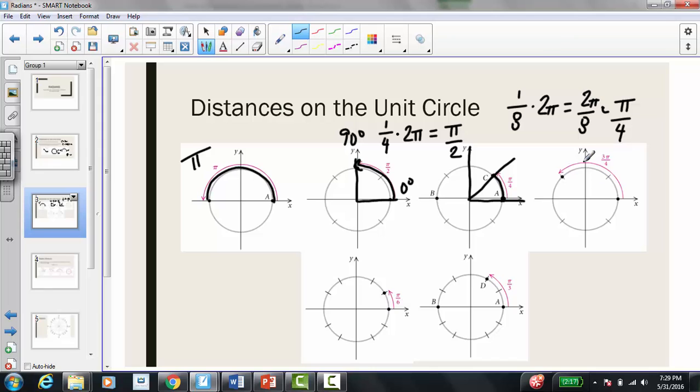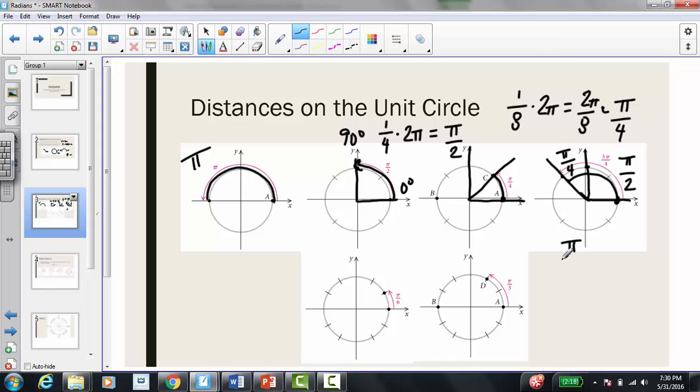For this next example, instead of traveling just a quarter of the unit circle, I went pi over 4 beyond a quarter. We already said that if I go a quarter of the unit circle, I have traveled a distance of pi over 2. In the third example, we said that if I travel 1/8 of the unit circle, I've traveled pi over 4. So if I start here, I'm actually going to travel 3/8 around my unit circle.